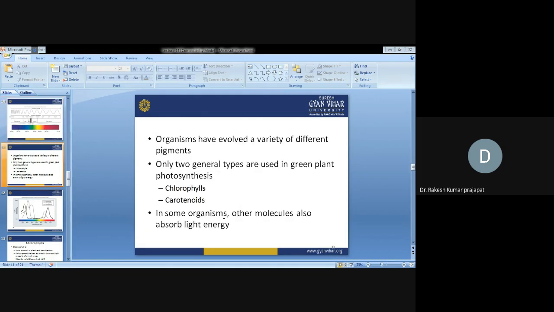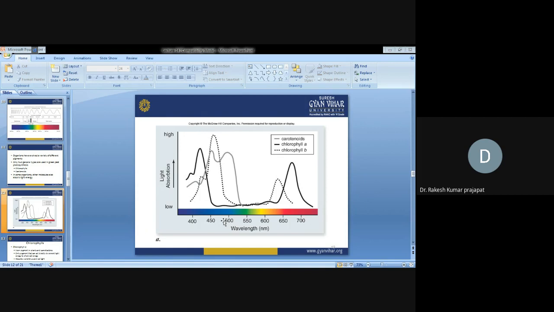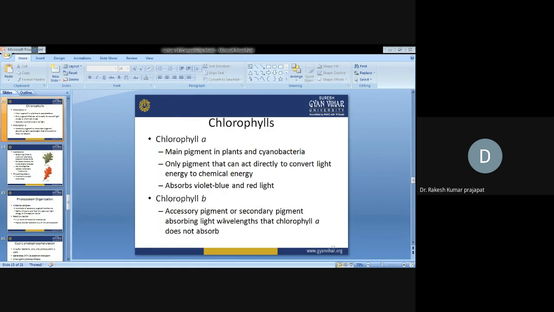Organisms have evolved a variety of different pigments. Only two general types are used in green plant photosynthesis: chlorophylls and carotenoids. In some organisms, other molecules also absorb light energy. Chlorophyll a and chlorophyll b.